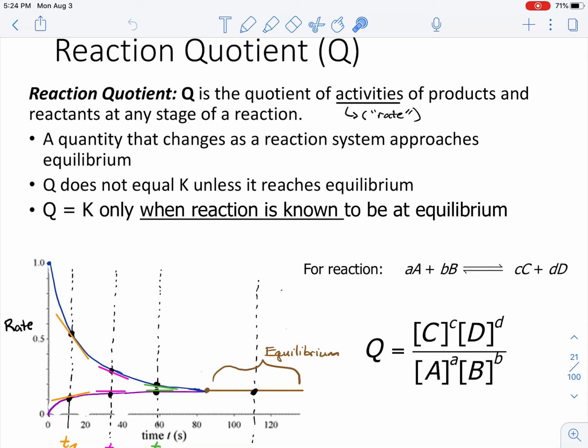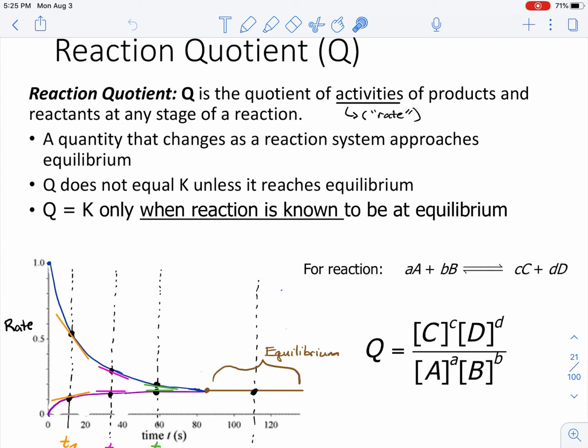We can think of activities as the rate of the production of products, meaning the rate in the forward direction, or the rate of production of reactants, meaning the rate of the reverse reaction. And so if we take the ratio of the activities of products and reactants, then that's going to represent the reaction quotient Q.